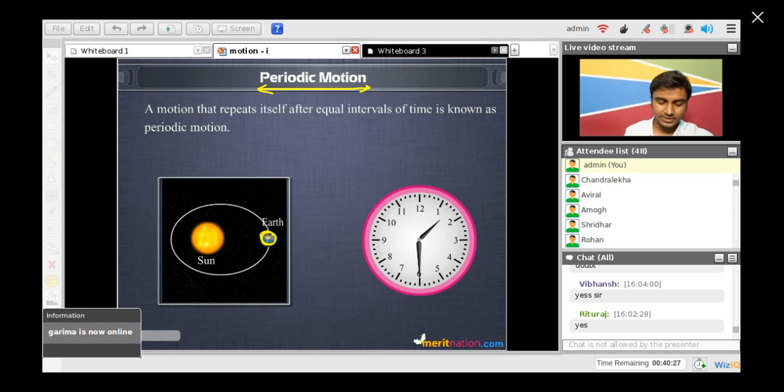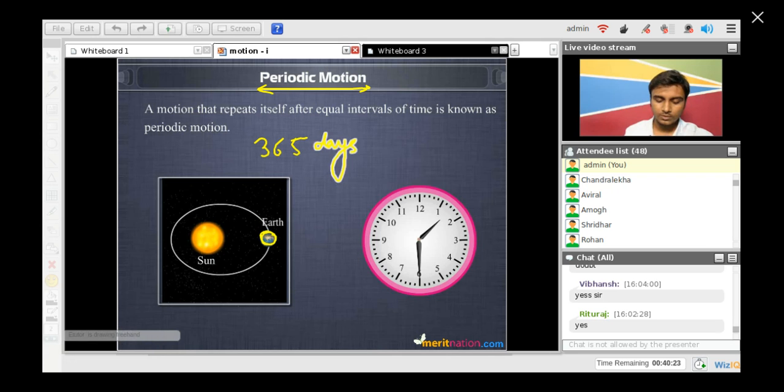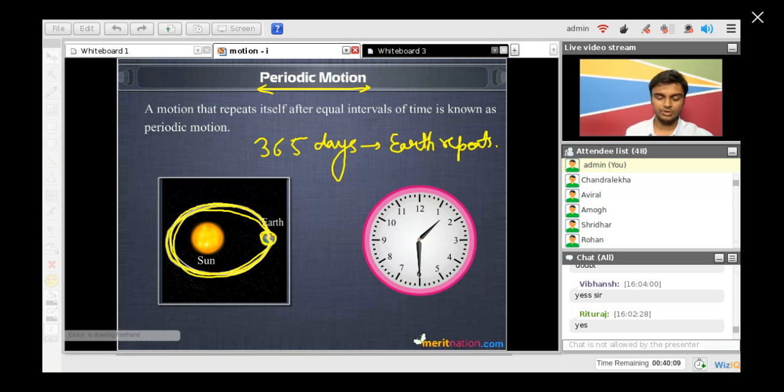After every 365 days, Earth repeats its motion around the Sun and comes back to its position once again. So it is periodic motion.